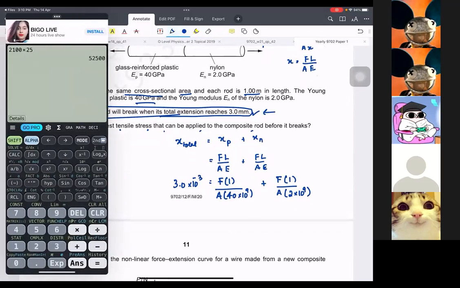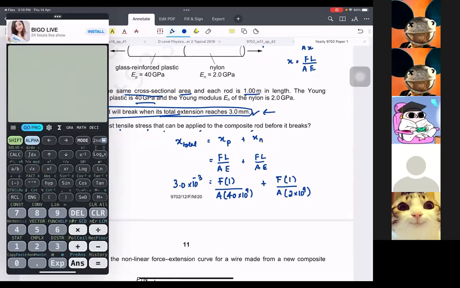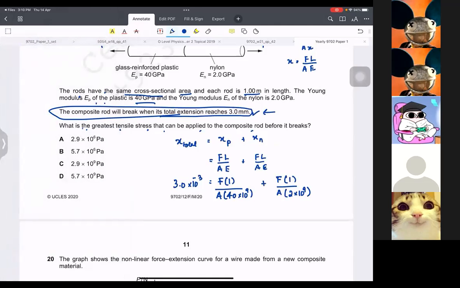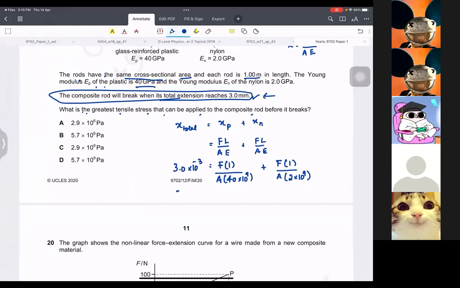Now I'm going to take my calculator out. So I'm going to write 3.0 times 10 raised to minus 3. This is equivalent to 1 upon 40 times 10 raised to 9.